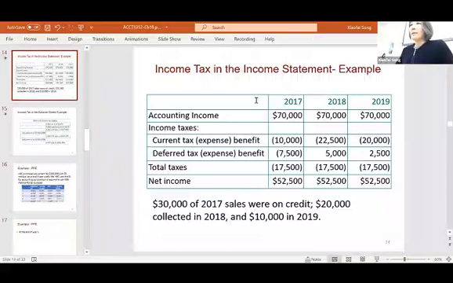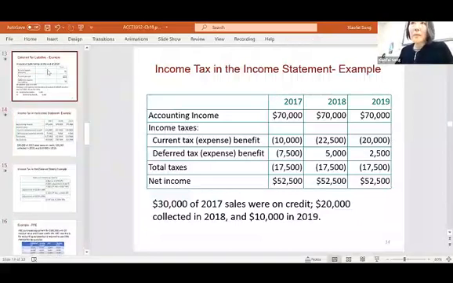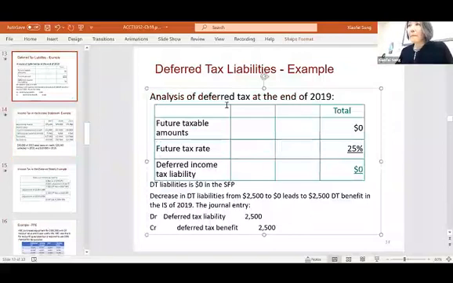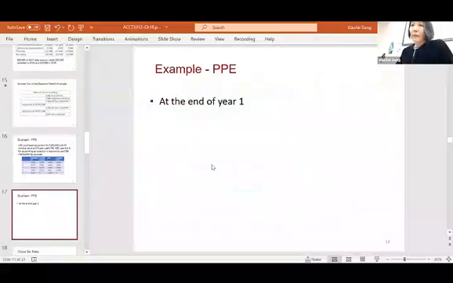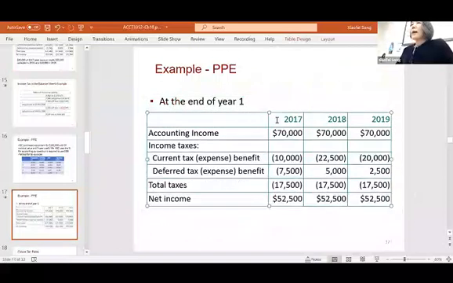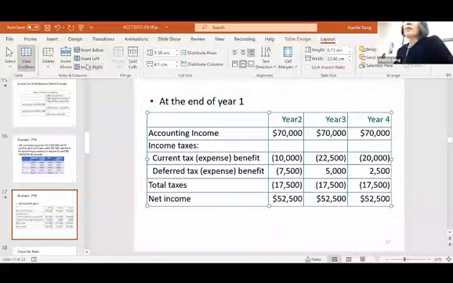So I'll copy this. Okay, so we have year 2, year 3, year 4, and year 5. Those are the future years we need to look at.